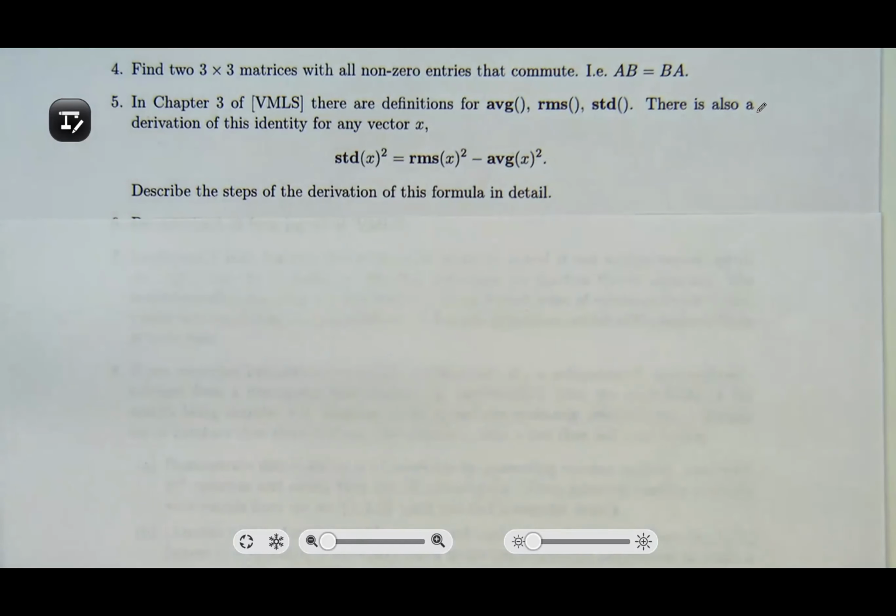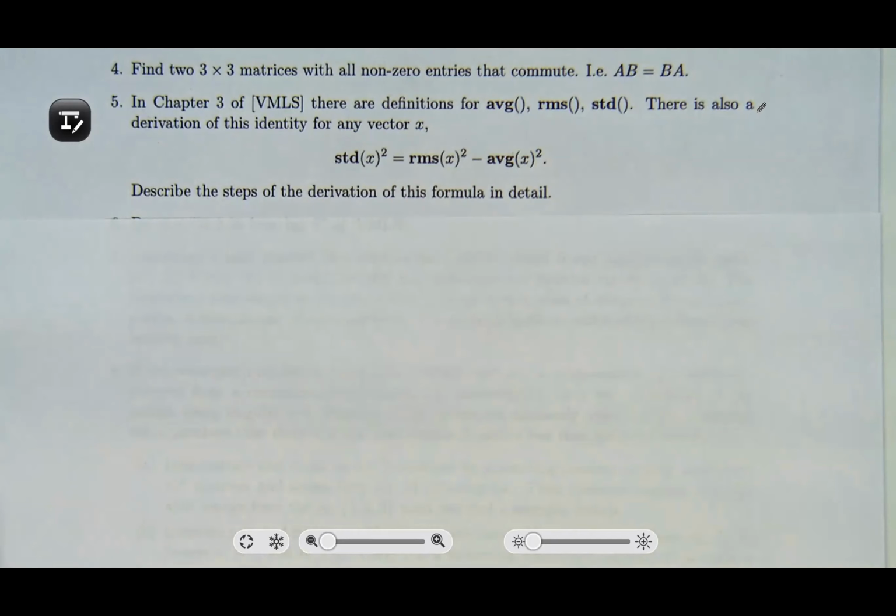In chapter 3 of VMLS, so that's one of the recommended texts for your course, there are definitions for AVG, RMS, and STD. There's also a derivation of this identity for any vector x. STD squared is equal to RMS squared minus AVG squared. Describe the steps of the derivation of this formula in detail. Okay, so I'm going to show you a piece of that book where the derivation is, all right?